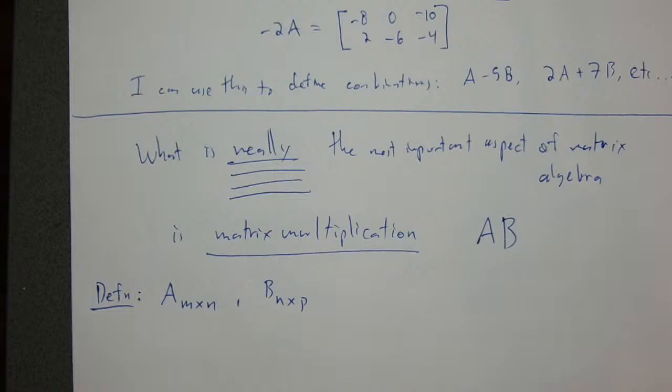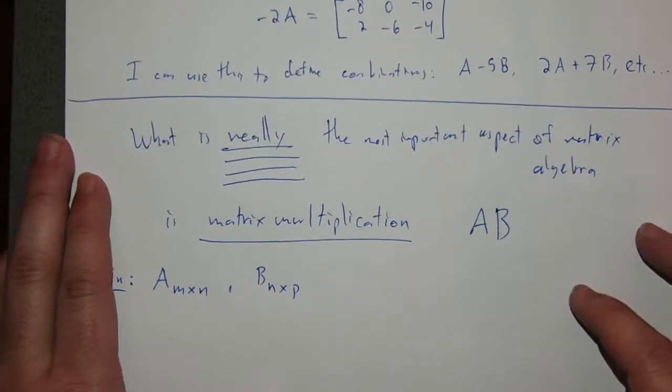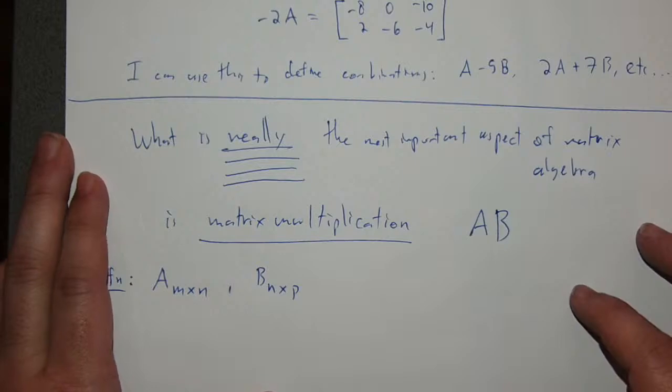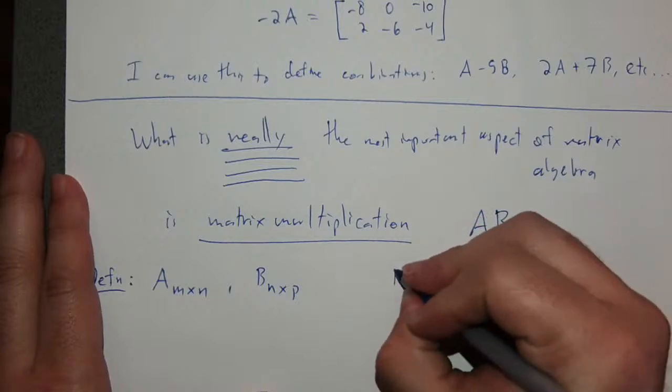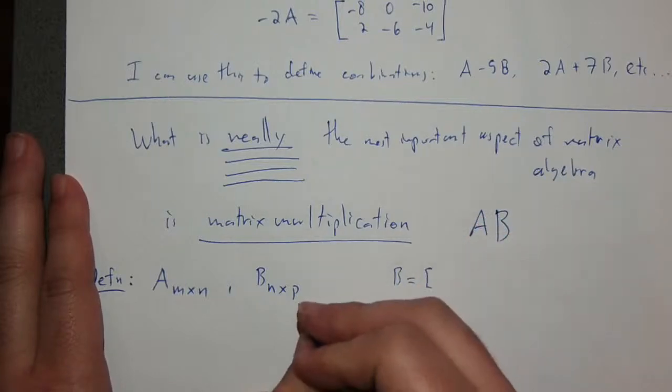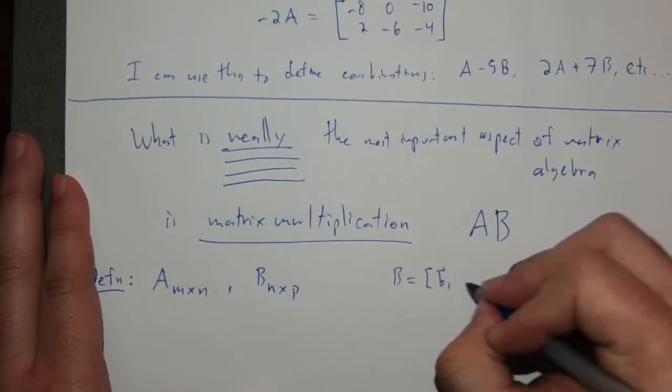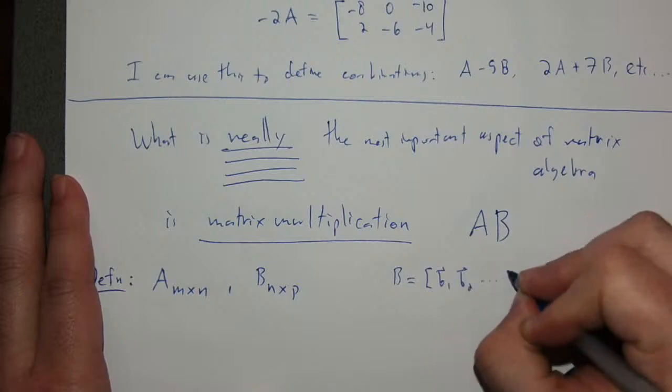A times B is equal to something, and B times A might be equal to a different size matrix entirely. That is one thing you note immediately, and I'll talk about this a bunch. Okay, so A is an m by n matrix, B is an n by p matrix. Let B have p columns: B sub 1, B sub 2, through B sub p.